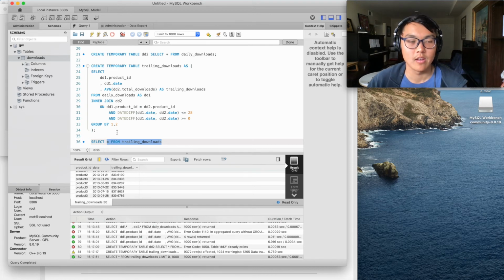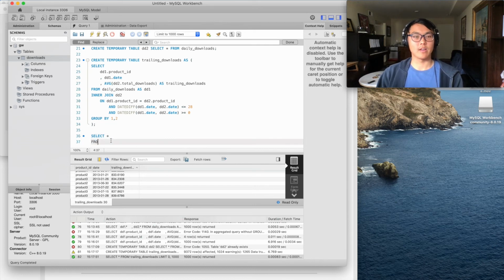Because now what we have to do is look at every single value that is from 1 year ago from the actual date, right? So if we go through here and we take, let's say, trailing downloads, right?